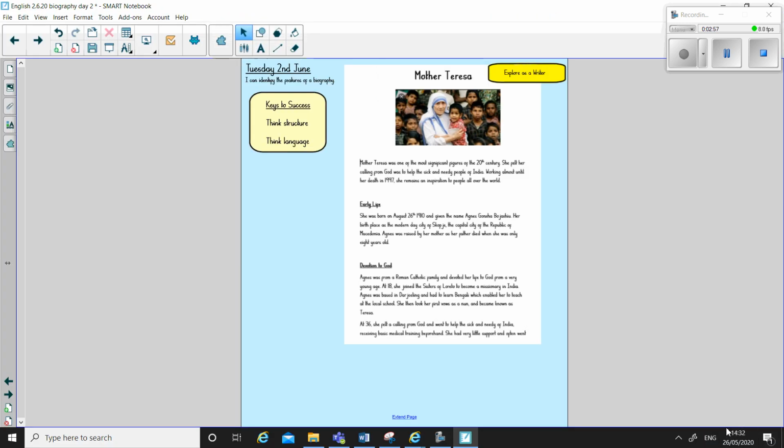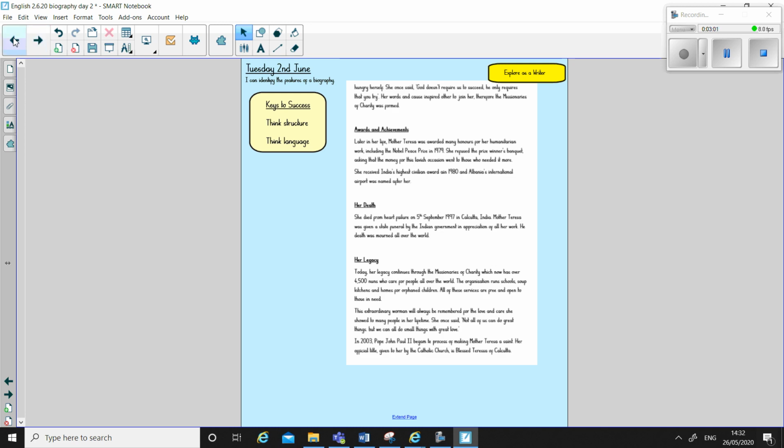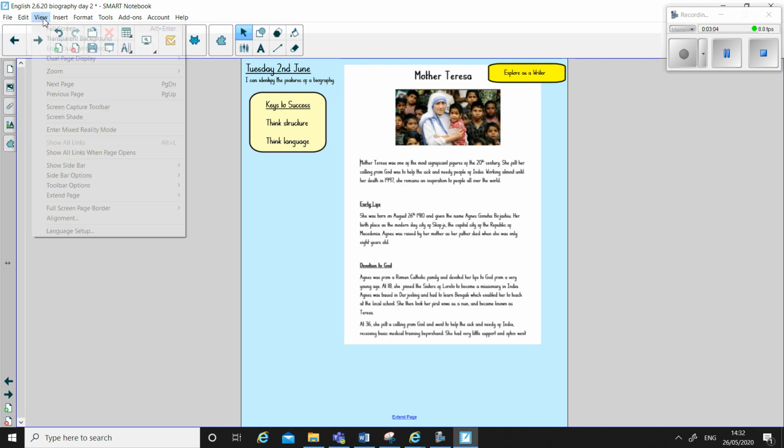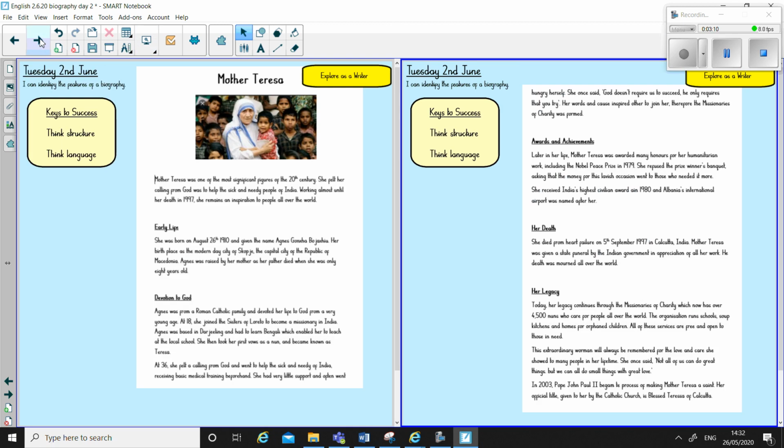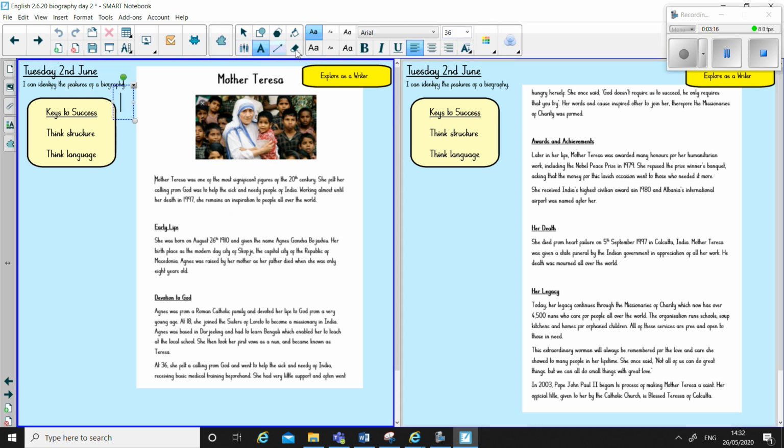Okay, so we're going to have a look now at the structure. And I think what I'll do is I will put it on the dual page, so we've got 2 pages to look at side by side. Okay, what's it got? It's got, as ever with most of our writing, a heading at the top. Here's our heading.